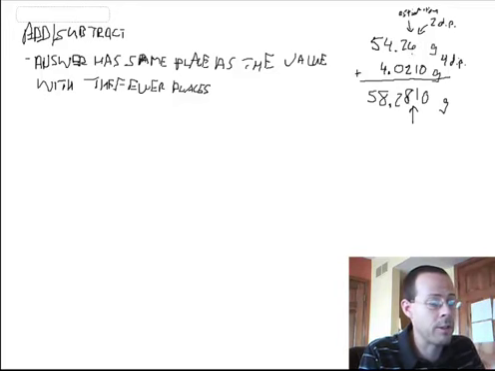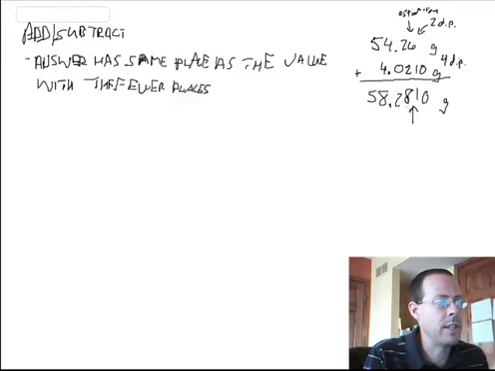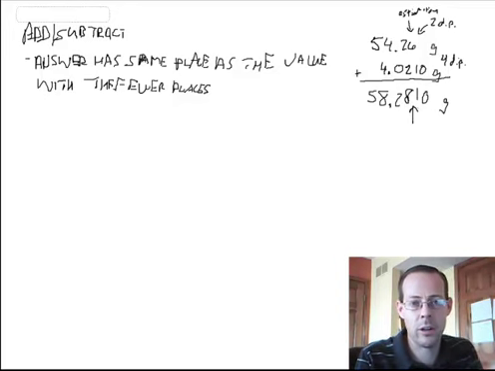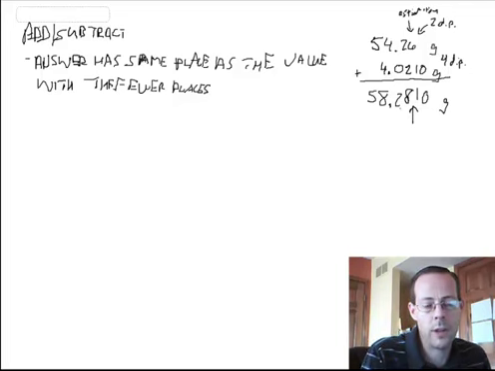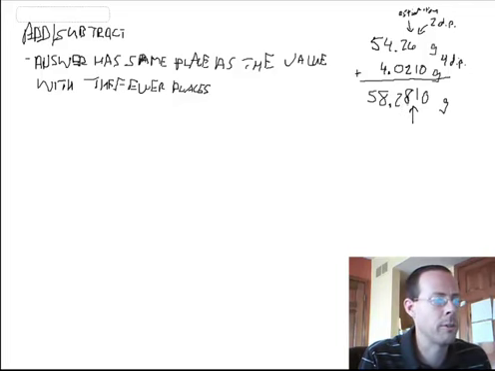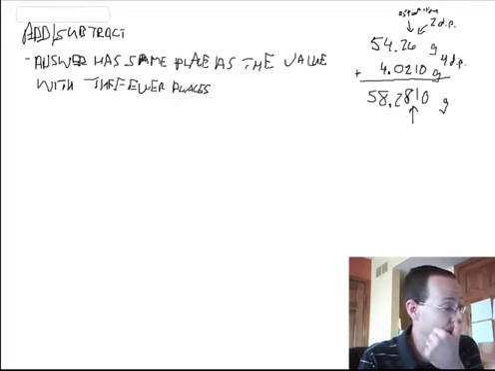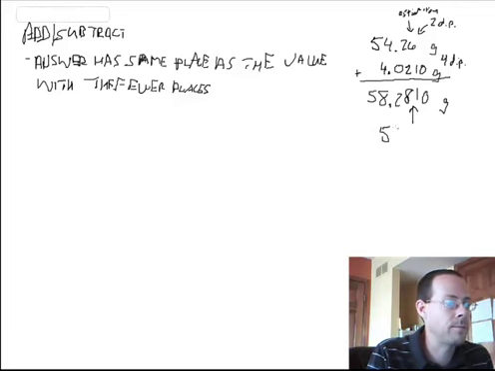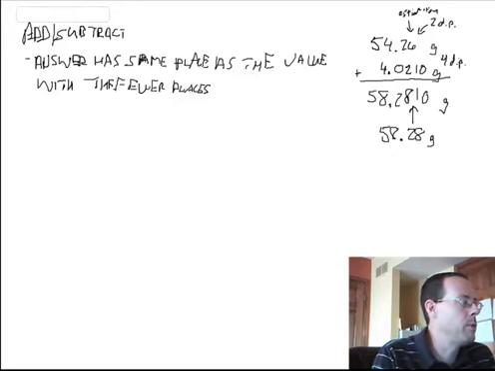Maybe it should have been a 5, maybe it should have been a 7. If there's uncertainty here, it doesn't matter how accurate we are further down the road, because we're unsure starting in the hundredths place. So this final answer would be 58.28 grams.